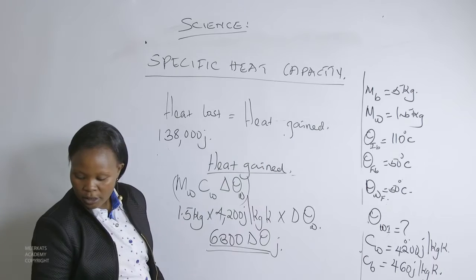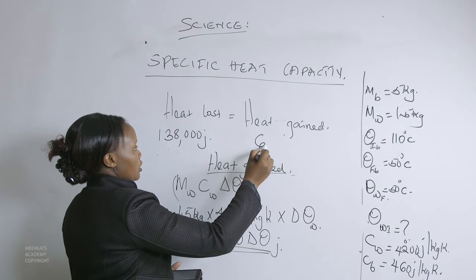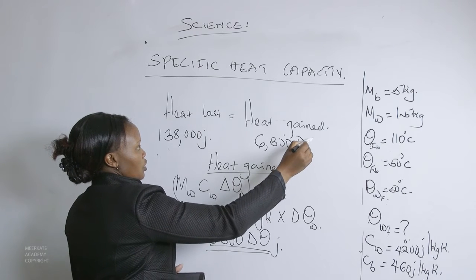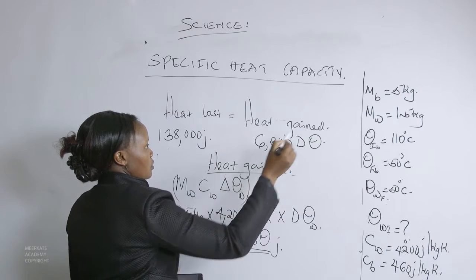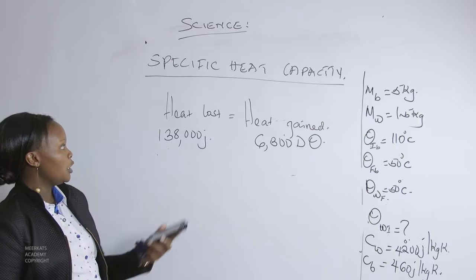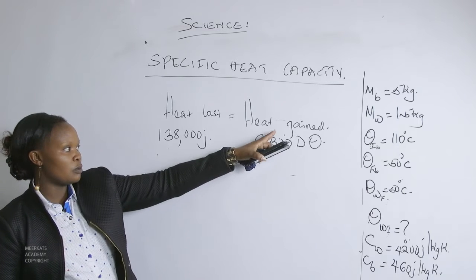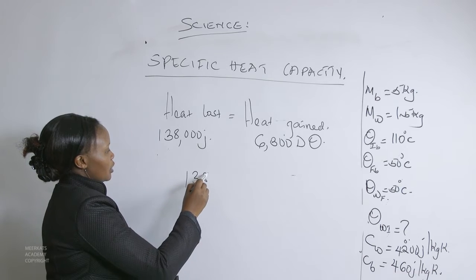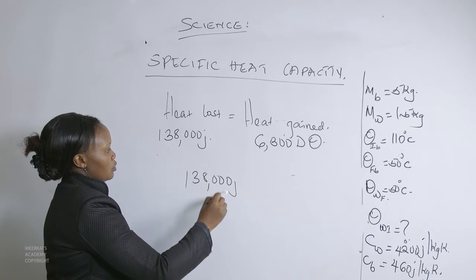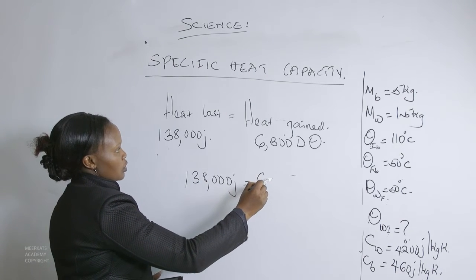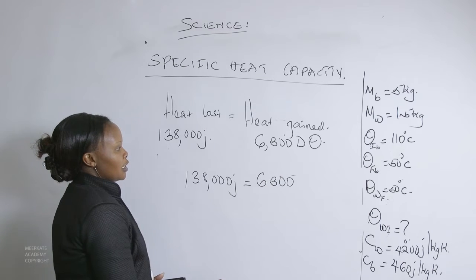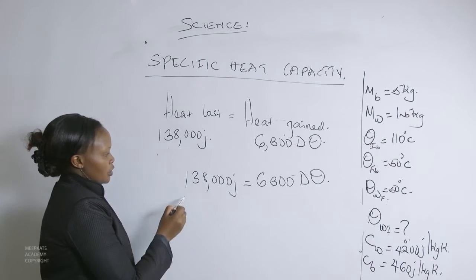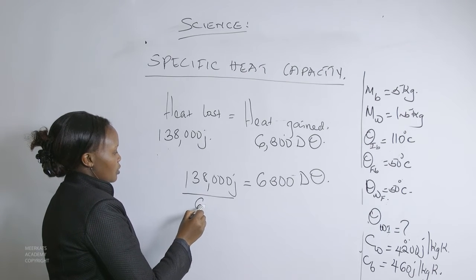Let us equate the two so that we can work out the value of the change in temperature. Heat lost is equal to the heat gained. Therefore, 138,000 joules is equal to 6,300 delta theta. Let us divide throughout by 6,300.